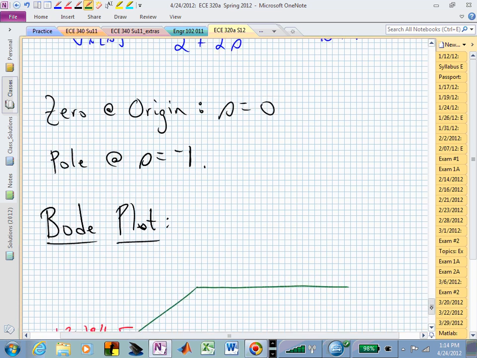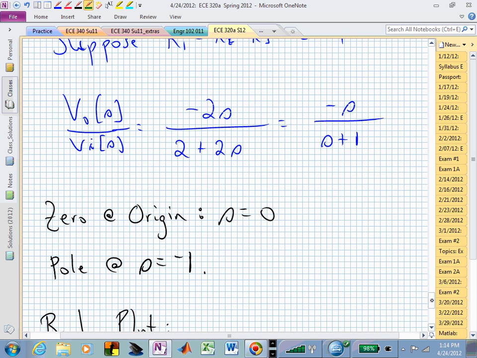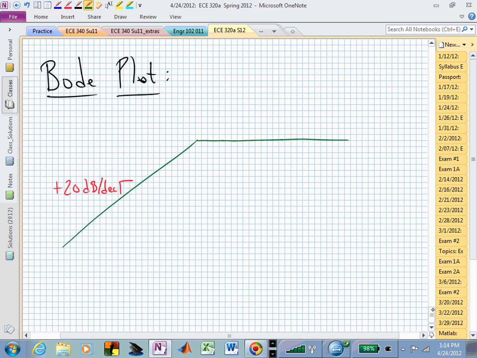Because I do have a pole that kicks in. That pole kicks in at 1 radian per second. That's my magnitude of H in dB, and this is now as a function of frequency.